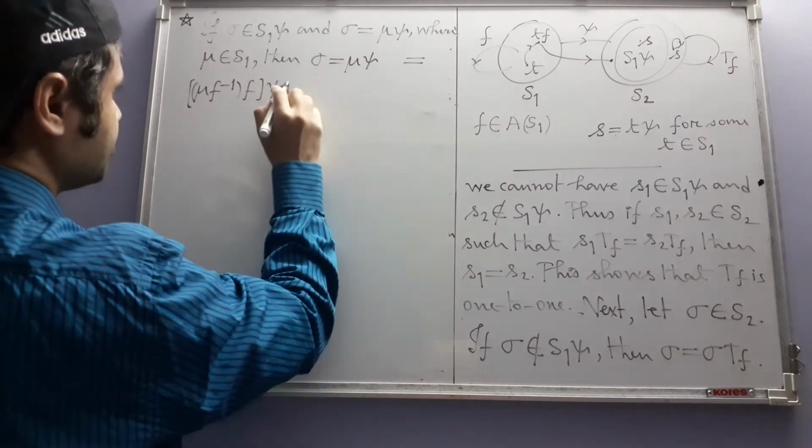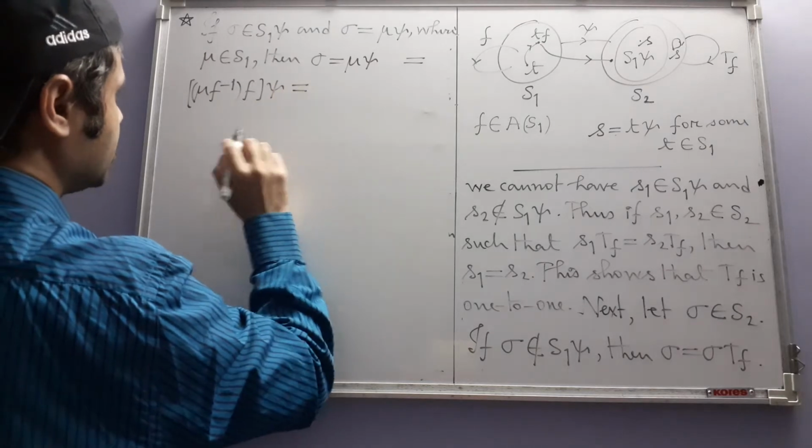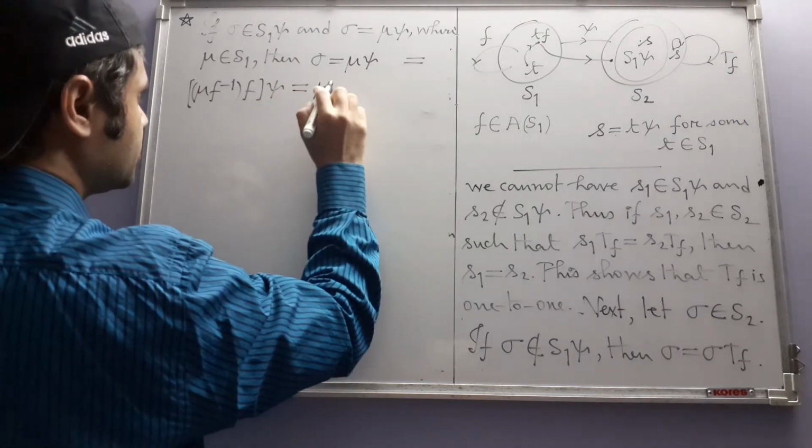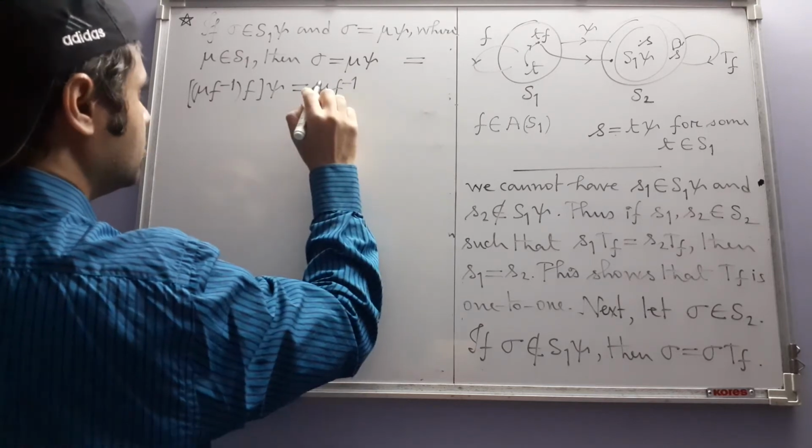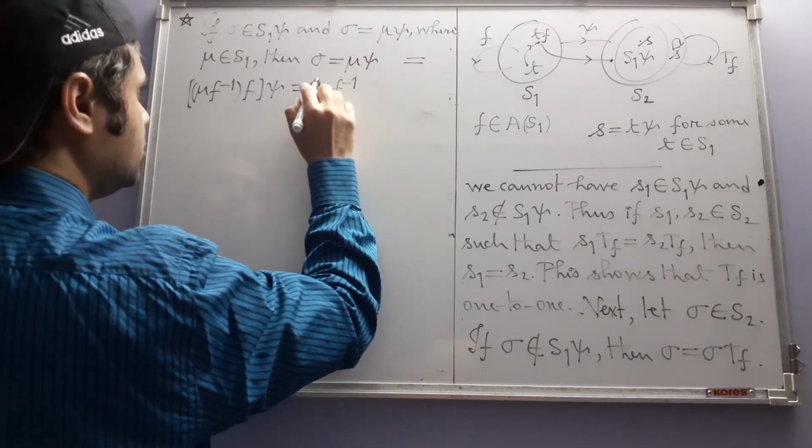Okay, so now what do we have? Can we write this as mu F inverse TF?